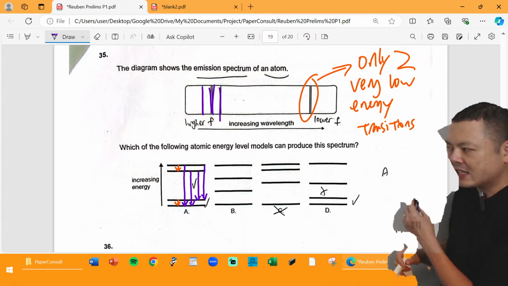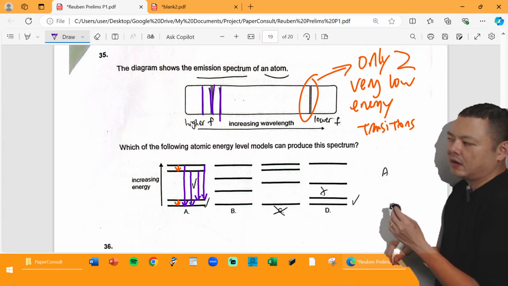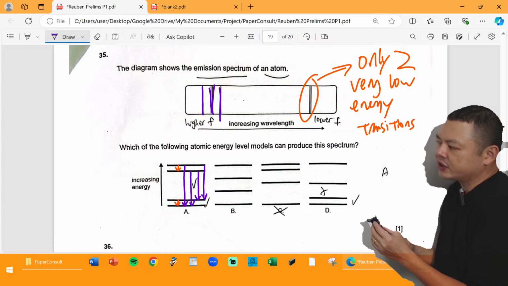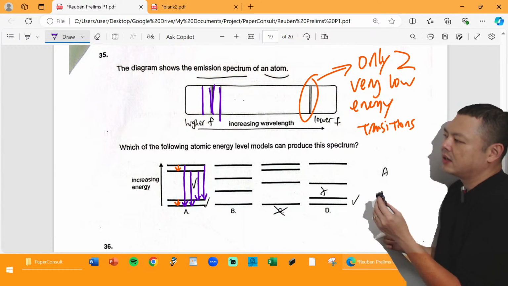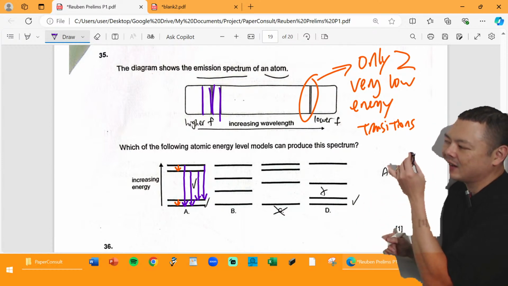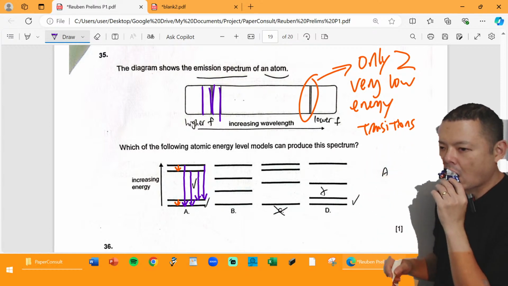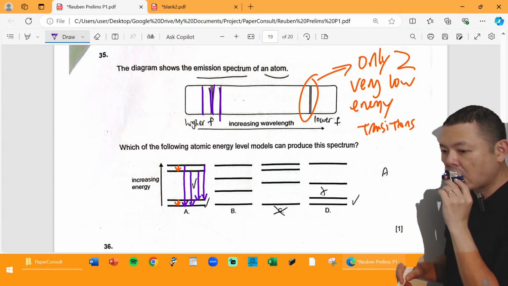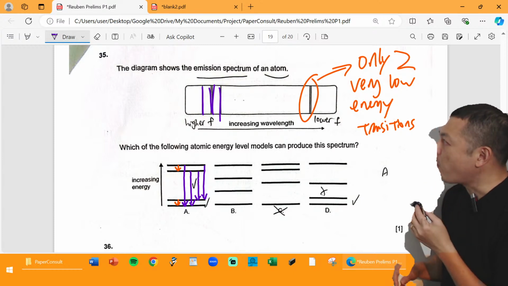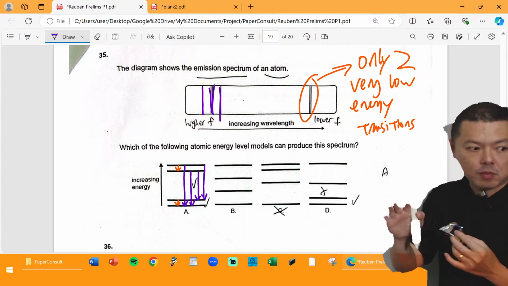And there are no other versions, right? There are no other low versions of it, right? So it's just A, as strange as the energy levels look.